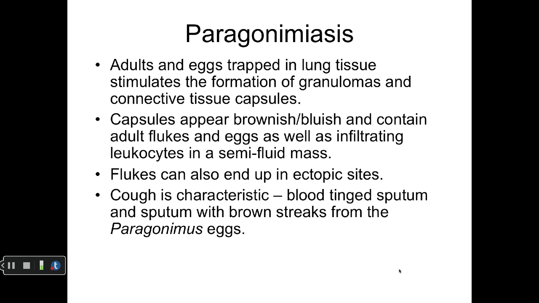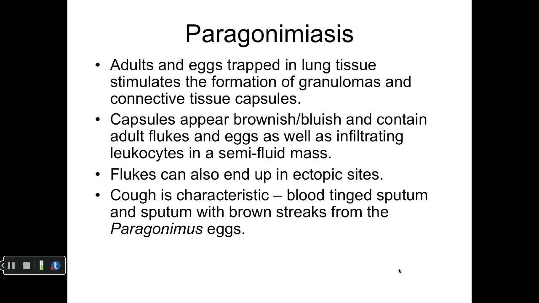The metacercarial stages encyst in the muscle tissues, gills, or viscera of the crustacea, and then the carnivore becomes infected when they eat the undercooked crustacea. The disease is called paragonimiasis, and as we've already stated, the adults and eggs actually get trapped in lung tissue in capsules.